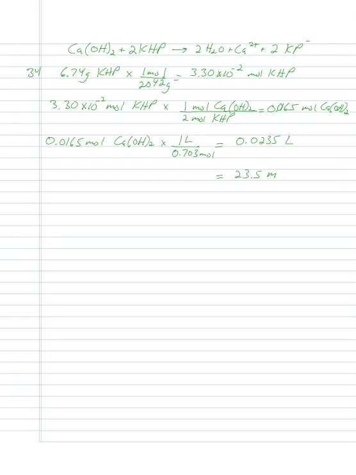Every mole of calcium hydroxide spits out 2 moles of hydroxide, so I need 2 moles of KHP spitting out 2 moles of H, and that's going to give me 2 moles of water, a calcium ion, and 2 KP minuses, for lack of a better term. It's not terribly important that we know what that is.